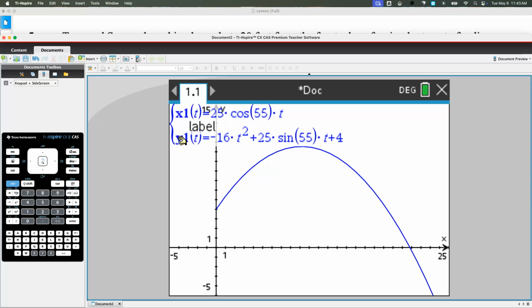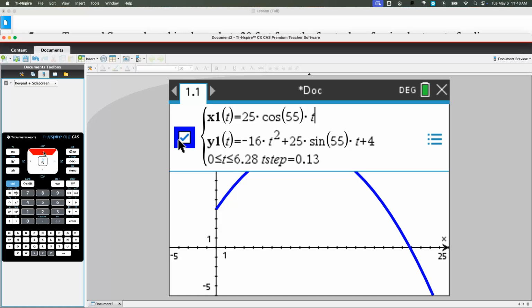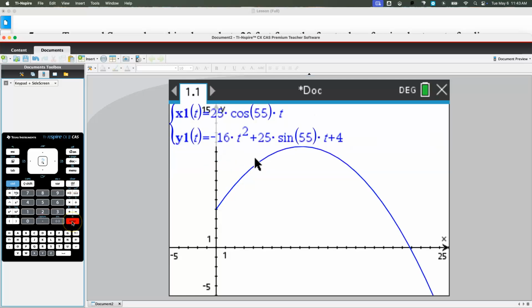My T-step, as long as it doesn't, so if I put a T-step here of 2, oops, that means it's in the air for less than 2 seconds.